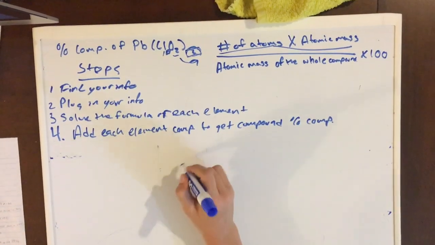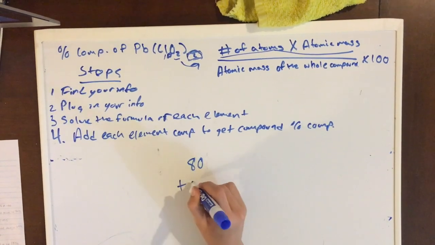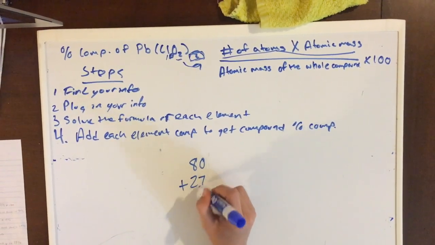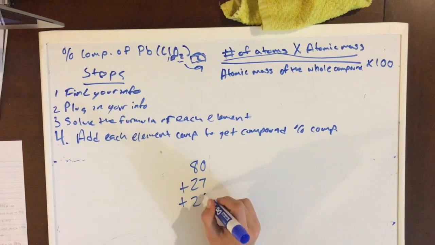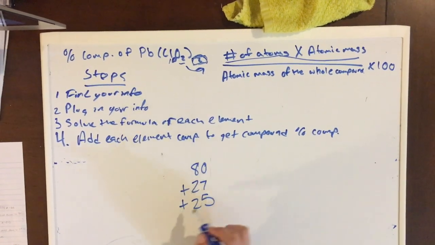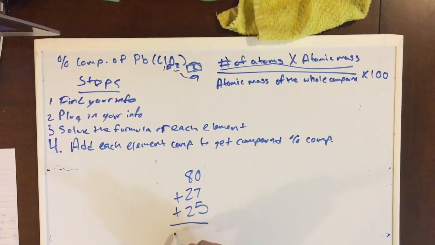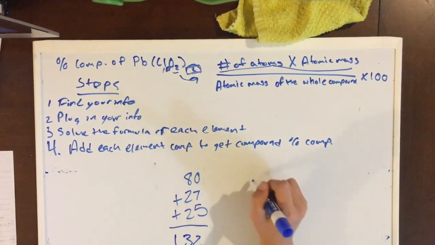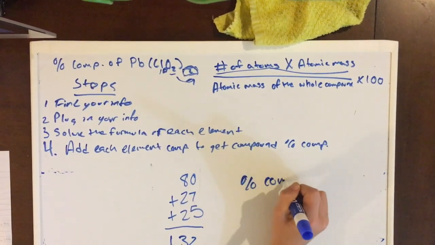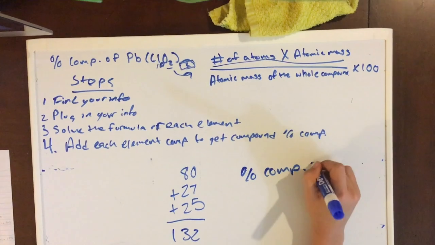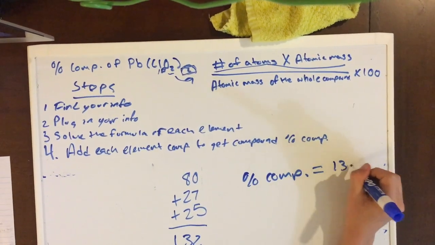So you will get 80 plus 27 plus 25, which equals up to 132. So your percent composition of your compound equals up to 132%.